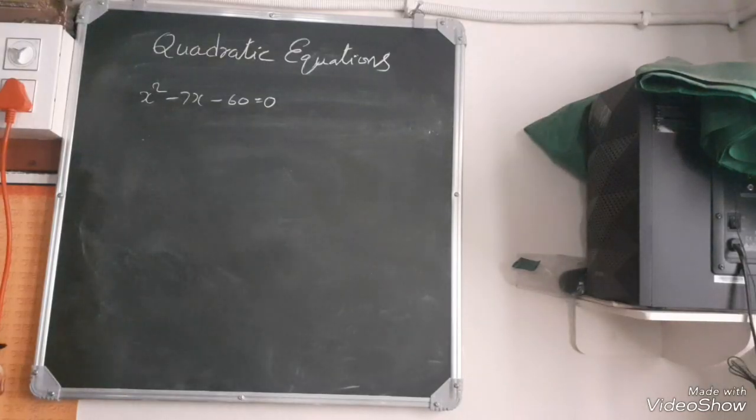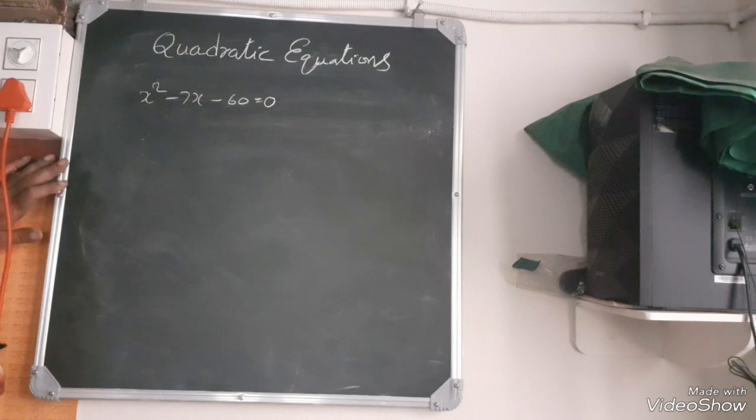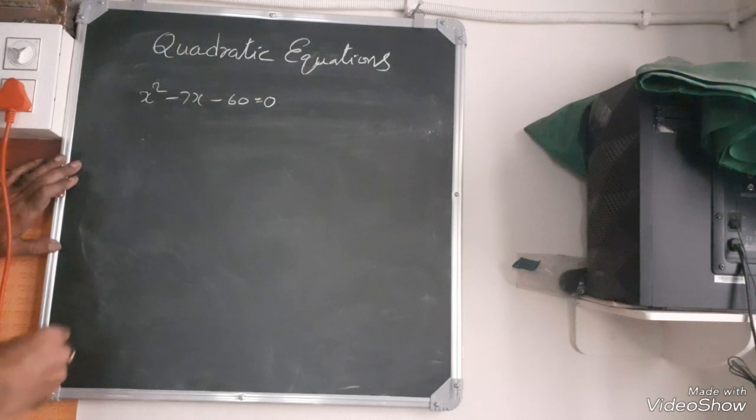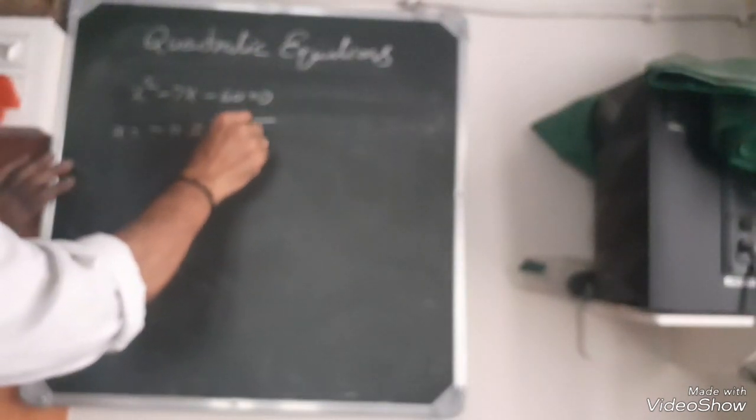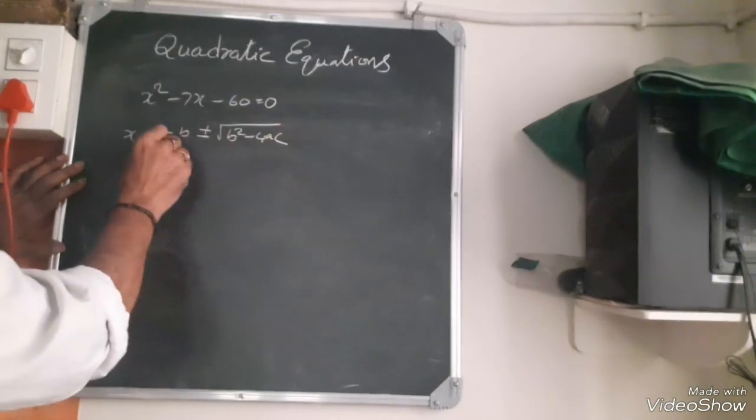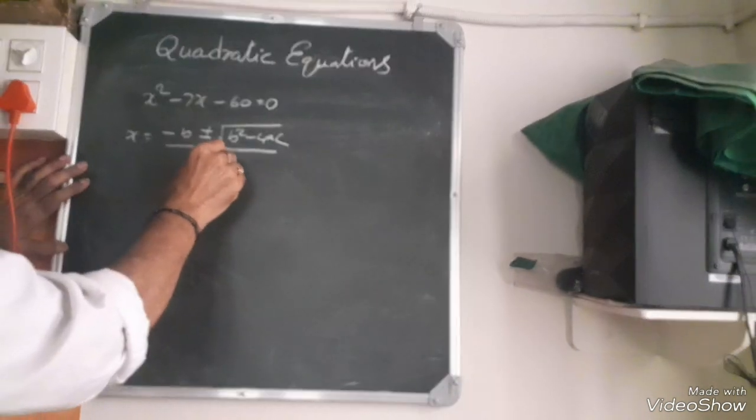Now see, with the help of the formula also we can find the solution or roots of the quadratic equation. So the formula is x equal to minus b plus or minus square root of b square minus 4ac by 2a.